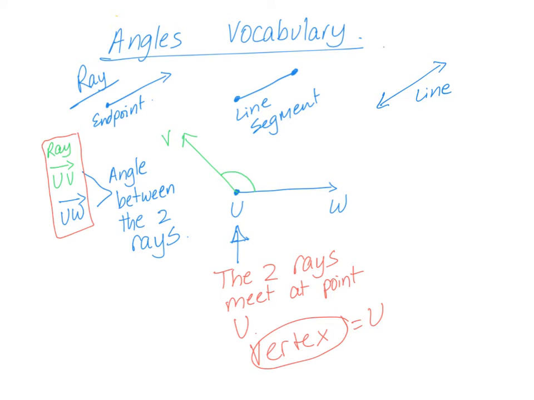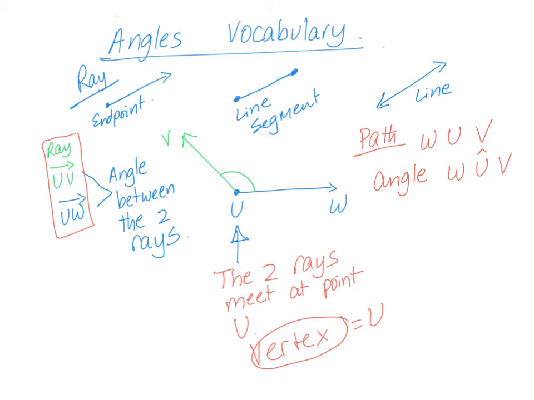Now, if you were going from W to U to V, if this was my path, I'm going from W, U, and then V. So my angle would be defined as W, U, and V. And I can put this caret on top to describe an angle.